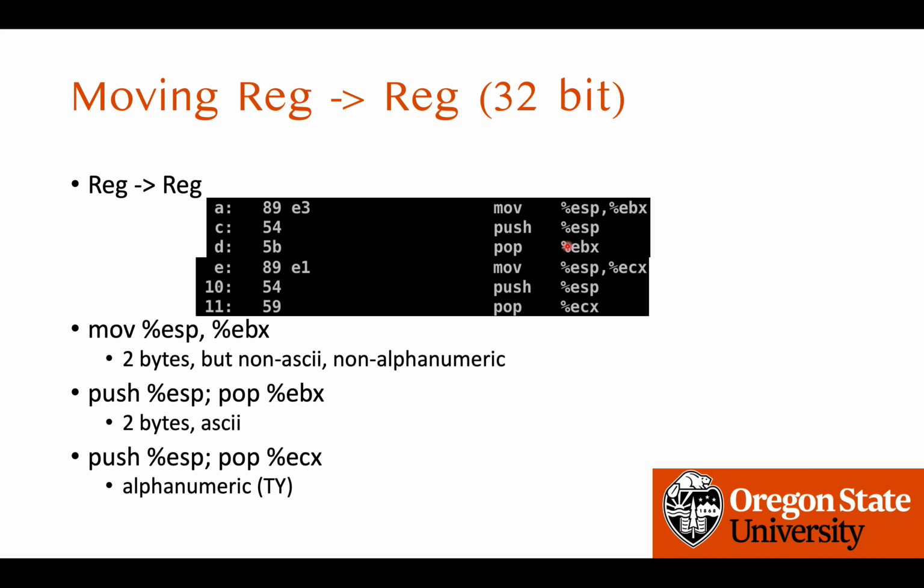The pop EBX is not alphanumeric, but if you want to move the value of ESP to ECX or another register other than EBX, then they are alphanumeric. For example, if your target register for pop is ECX, then it's 54, 59, which are the capital letters T and Y. So you can move register values in alphanumeric shellcode by using push and pop.